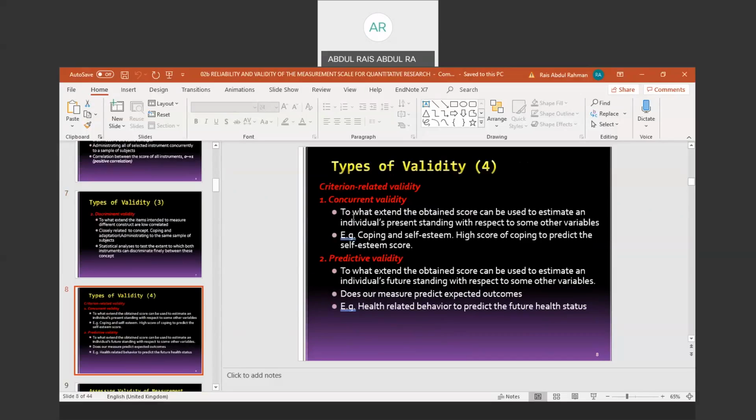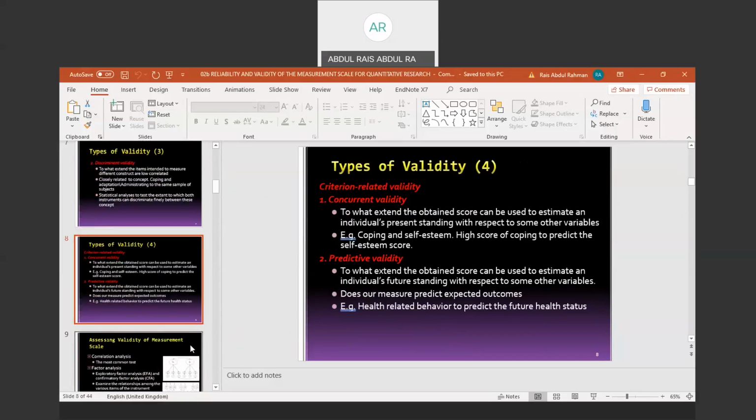Concurrent validity is to what extent the obtained score can be used to estimate an individual's present standing with respect to other variables. Predictive validity is to what extent the obtained score can be used to estimate individuals' future standing with respect to some of the variables.